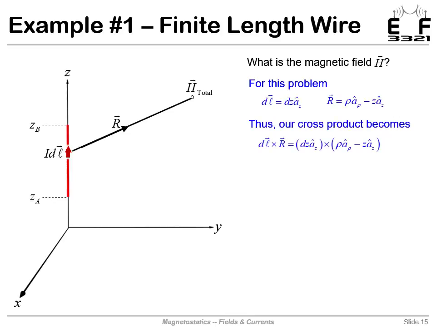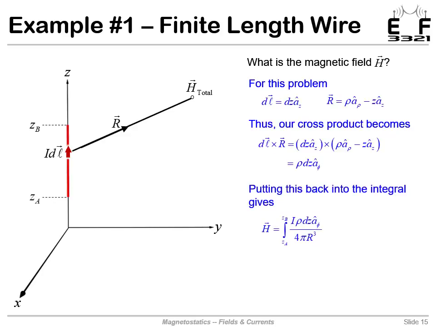So our cross product, dl cross r, we plug in our expression for dl, we plug in our expression for r, and we work through the math, and we just get rho dz a_phi. So we already see that the magnetic field will be in the phi direction, which of course is circulating around the current element.